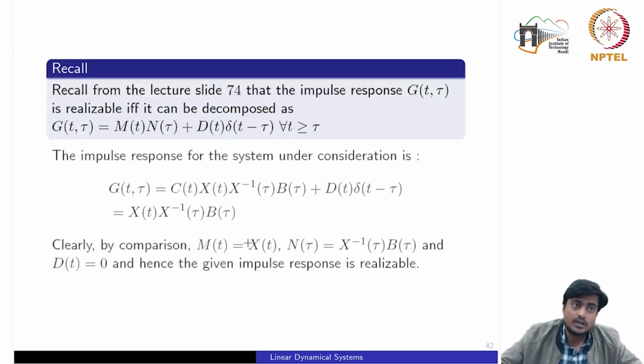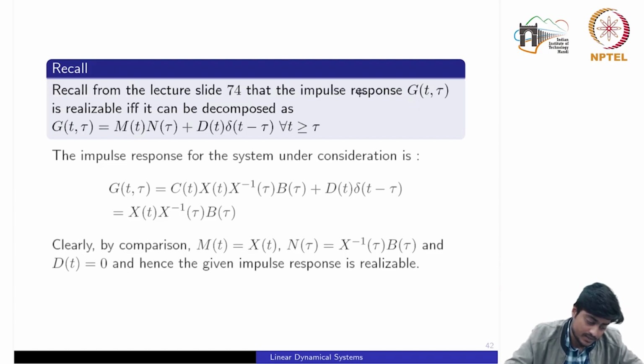Now talking about the realization, one of the important results, given on slide number 74, is that if the impulse response of the system is given to us as G(t, tau), we say that this impulse response is realizable if and only if it can be decomposed into this form, where the M and N matrices are parameterized in terms of the fundamental matrix.